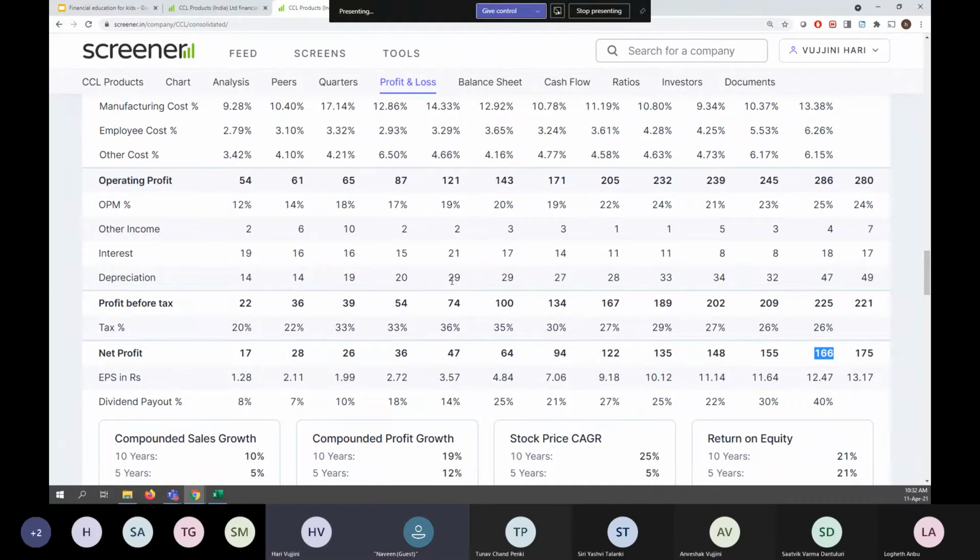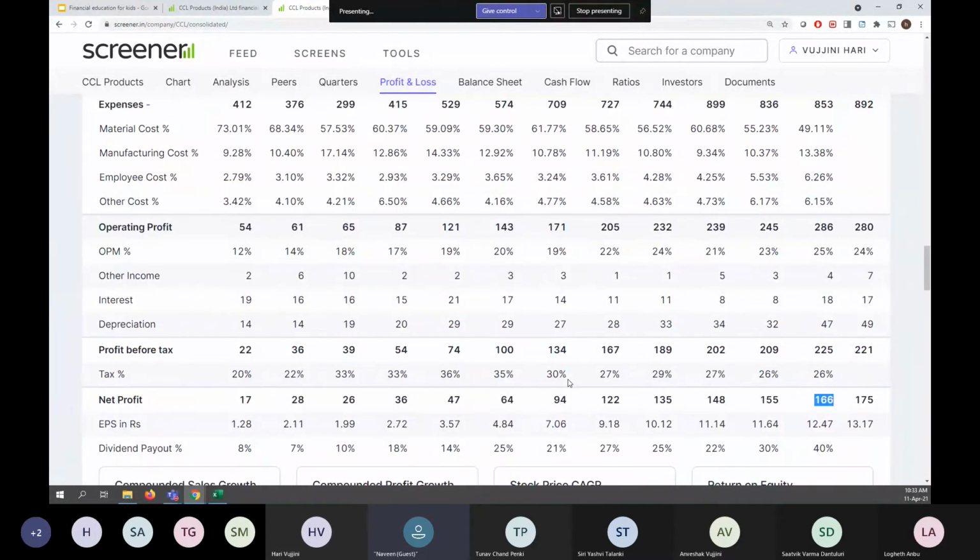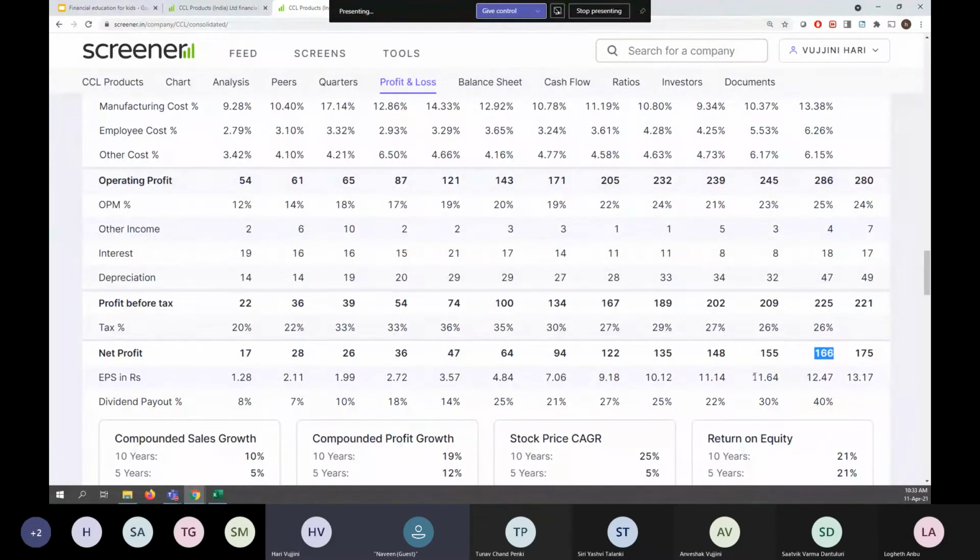So here, by what percentage did per-share earnings increase this year? What do you mean, you mean earnings per share? Yeah, earnings per share we got 12 rupees.